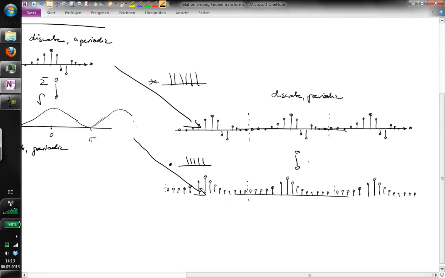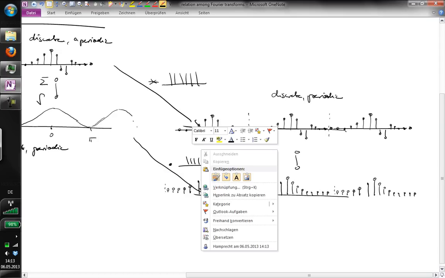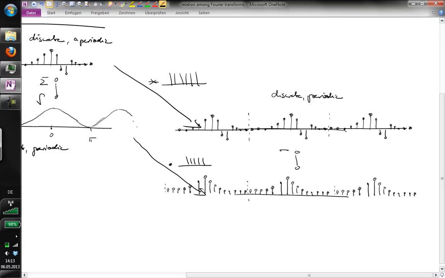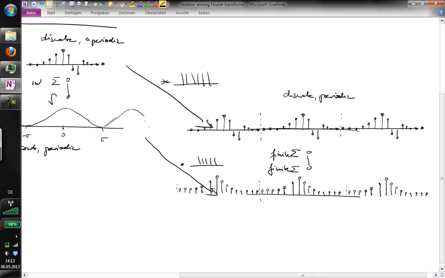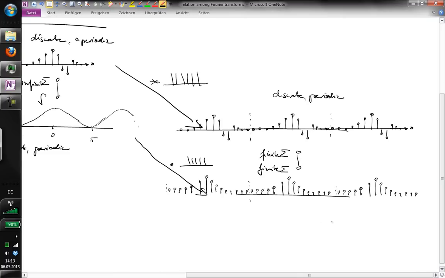Okay, and these are again each other's transform. I now have a finite summation here. Let me say explicitly this is a finite sum and a finite sum, whereas here before this was an infinite summation. And that is the transform we discussed last time. The discrete Fourier transform, or DFT for short. Sorry, terrible writing.